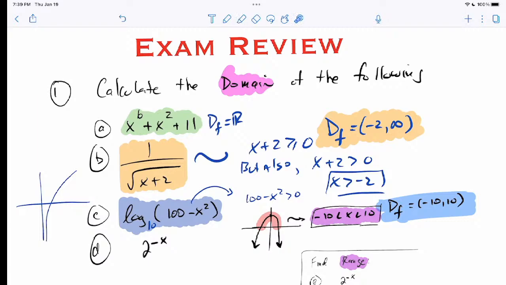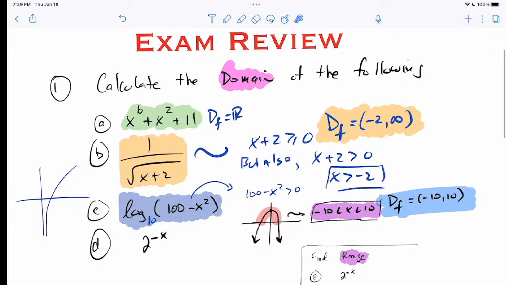Okay, so here's A, B, and C. And like I said, the idea with the logarithm, it has to be the case that 100 minus x squared is greater than 0. So I quickly sketched the parabola and I saw that it's above the x-axis between -10 and 10. That's got to be the domain. So that's the domain for C.